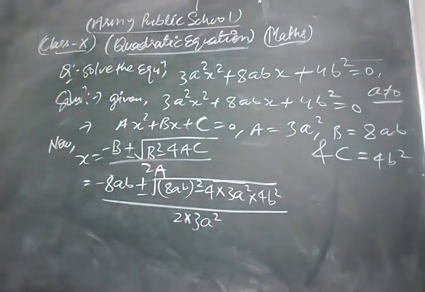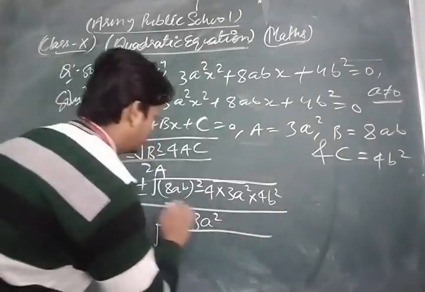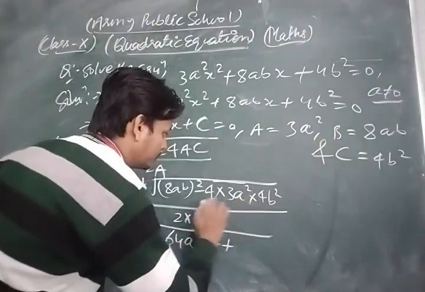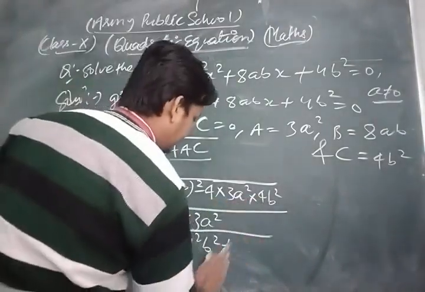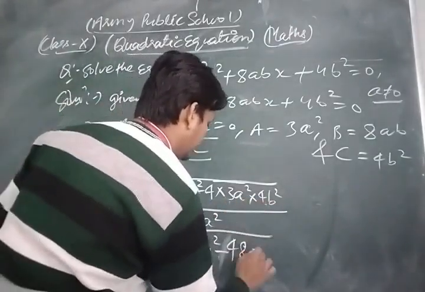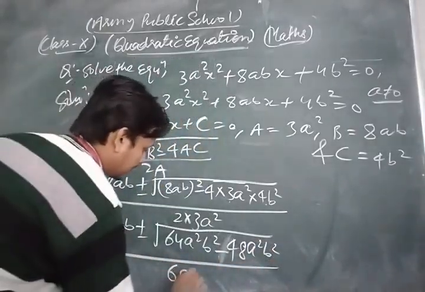Now look, minus 8ab plus minus under root 64 a square b square minus 48 a square b square, divided by 6a square.